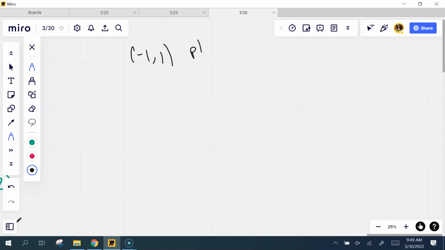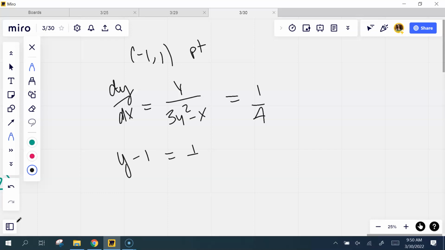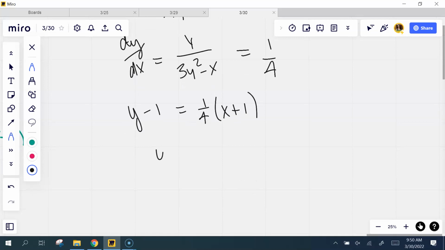Tangent means there's my point. I need a slope, so I'm going to use the dy dx equation, which is y over 3y squared minus x. Plug in and you should get 1/4. There's a point for 1/4. Then you've got your point, y minus 1 point slope. That's exactly right. All day long, there's your second point. 2 points.